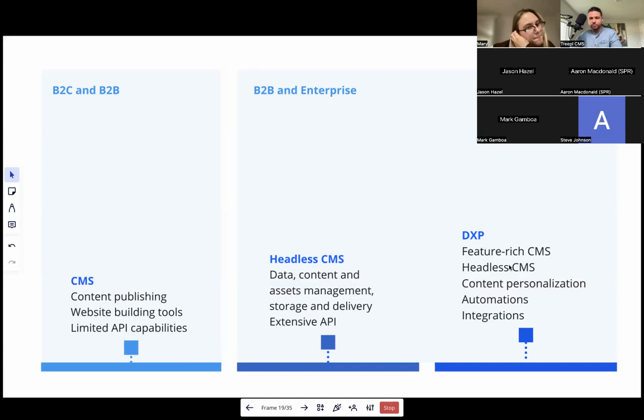So they have all the features of a headless CMS. And one very distinct feature of DXP is content personalization, which brings huge value to businesses, mostly enterprise businesses. Automations, mostly in marketing, and integrations.